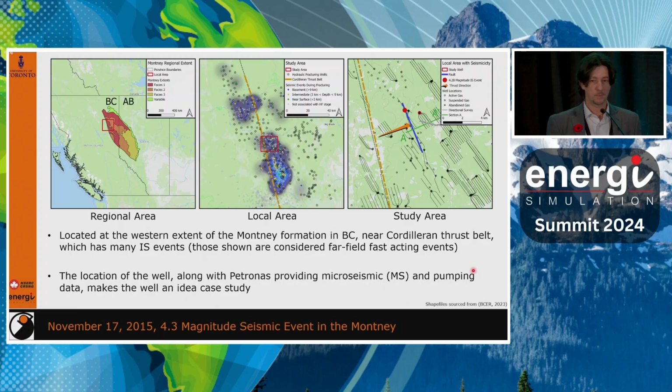Well, November 17, 2015, during hydraulic fracturing, there was a 4.3 magnitude event in the mountain. That was definitely associated with the hydraulic fracture operation.